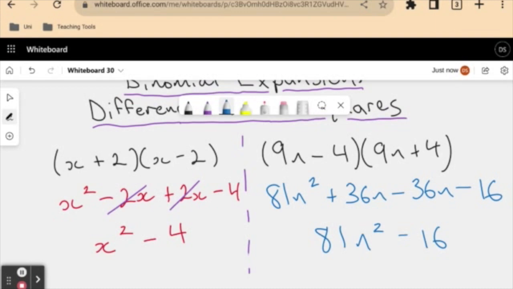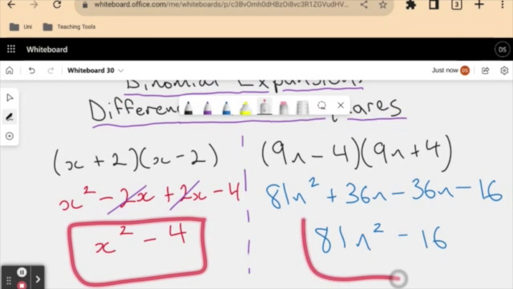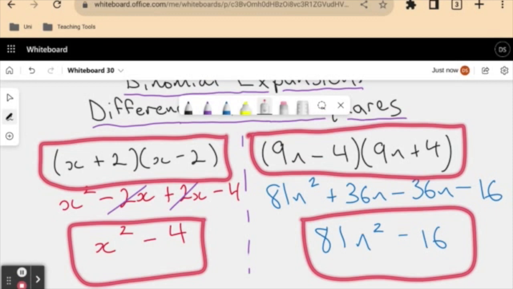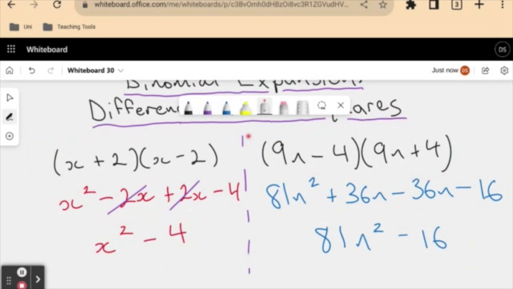Now let's pause for a minute. What kind of common trend do we see between these two answers and the respective questions? Well, in both of them, all that we got left with in the end, once we simplified, was the square of these equal terms. So we had x squared, and then from that we subtracted the square of our second.